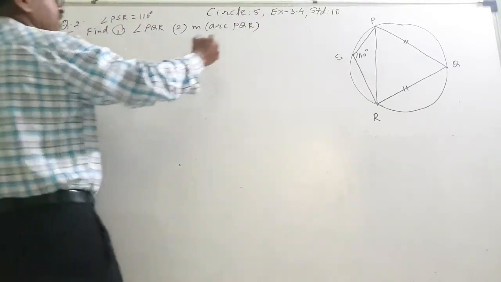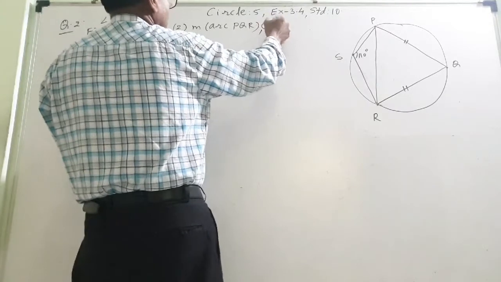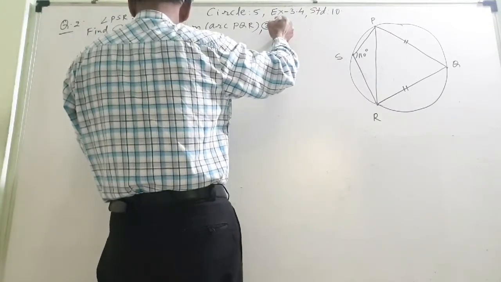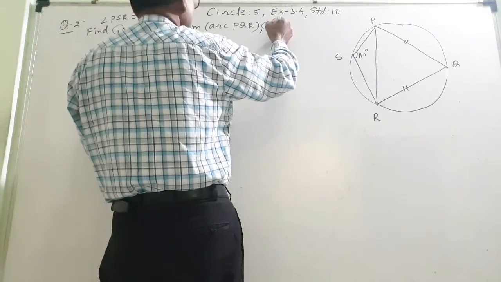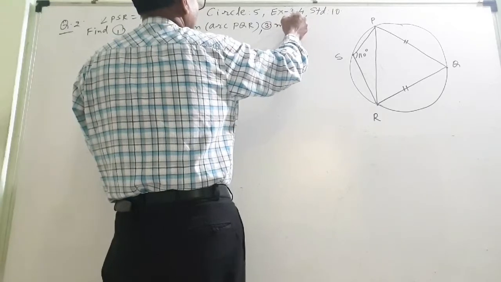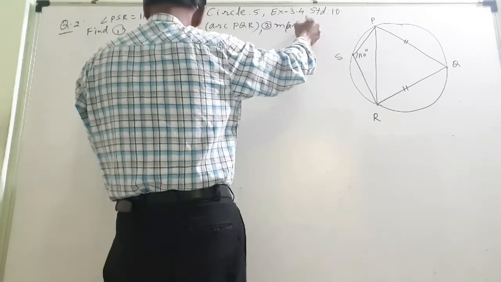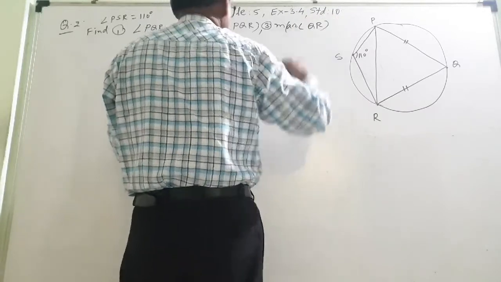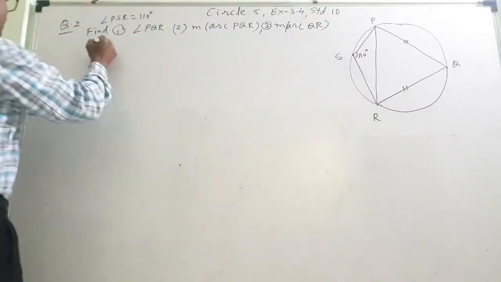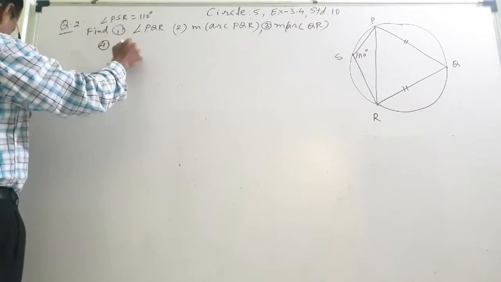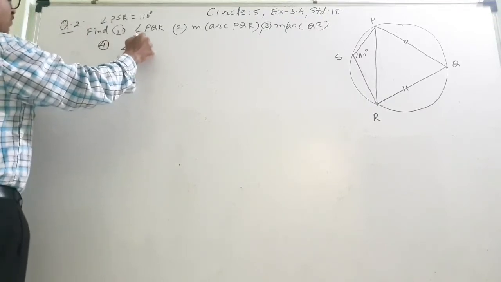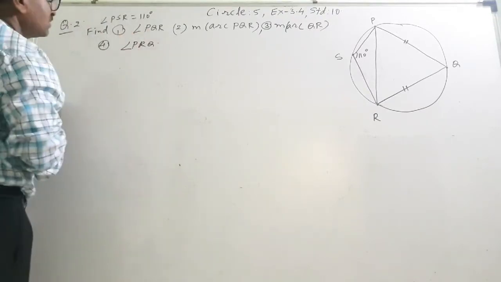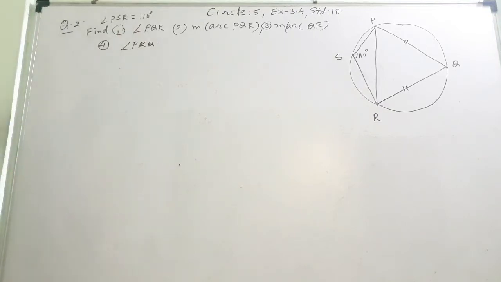Number 3, measure of arc QR. And number 4 is angle PRQ. So, solution.